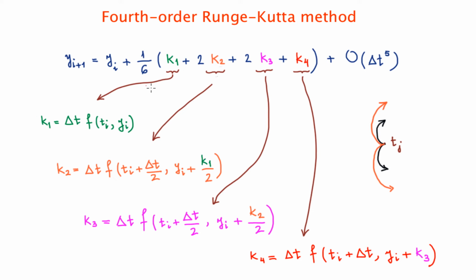So in order to apply that numerical finite difference method, you first have to calculate the values of these four different functions, and then plug them into this formula in order to get the value of the y function at the next time step.